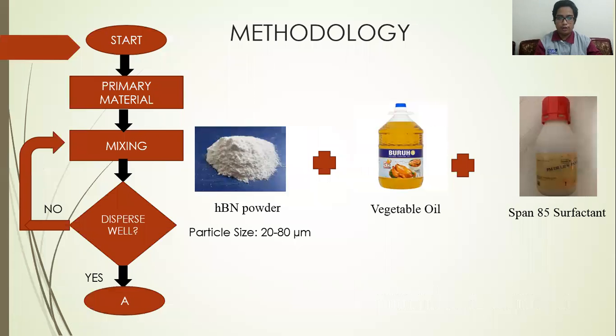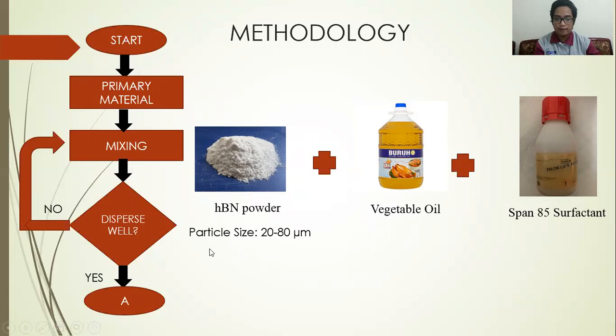Next, we go to the methodology. In this methodology, we start with the primary material. The primary material for the nanofluid that is going to be prepared is hexagonal boron nitride powder, first with a particle size of 20 to 80 micrometer. And next is vegetable oil. Next, we're going to mix these materials.